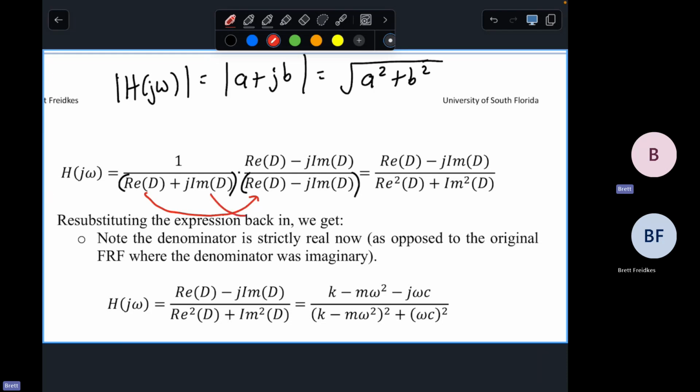And then you have this term multiplied by this term, where the j's, what happens to them? They essentially cancel. J times j is what? -1. So that negative with this negative makes this whole thing positive. And the numerator, now we just have our typical complex number. Do you see that?